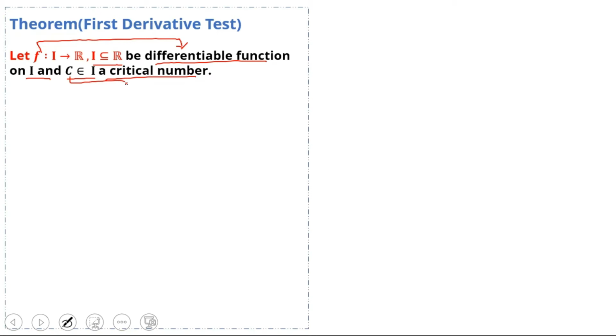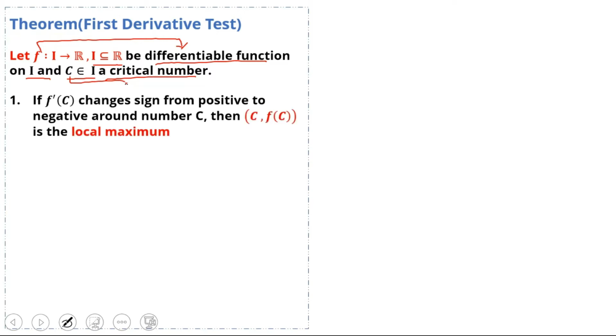So then we have three conditions, if the given function is differentiable on the given interval and C is a critical point that belongs to the given interval. Number 1, if the derivative of the function at C changes sign from positive to negative around the number C, then at this point the function has a local maximum.